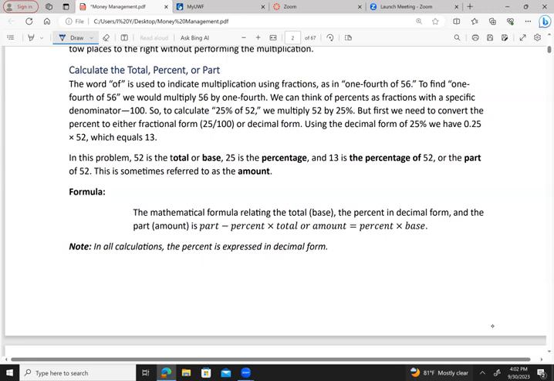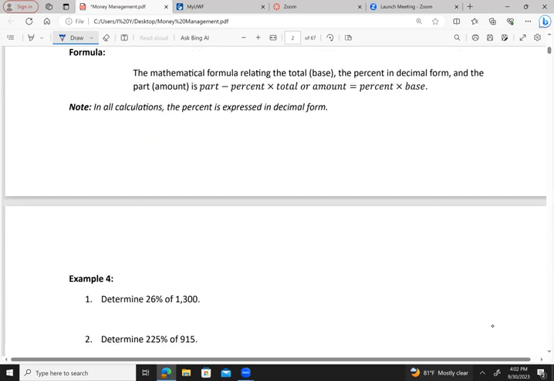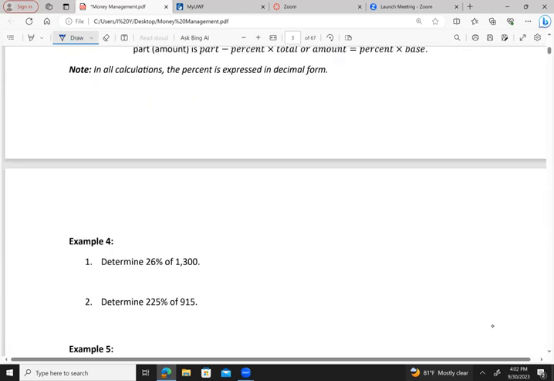Now let's calculate with the percent expressed in decimal form. So determine 26% of 1300. We would simply write 26% in decimal form, 0.26 times 1,300.